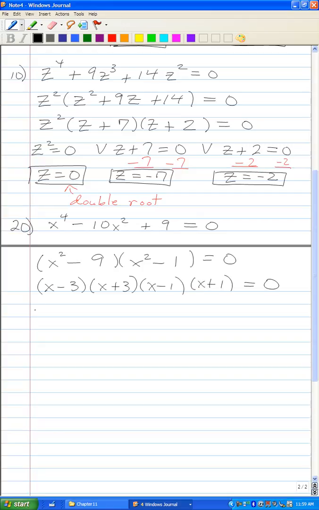I can set each of these factors equal to 0 and solve for x. I can add 3 to both sides of my equation, subtract 3, add 1, subtract 1 from both sides of my equation.